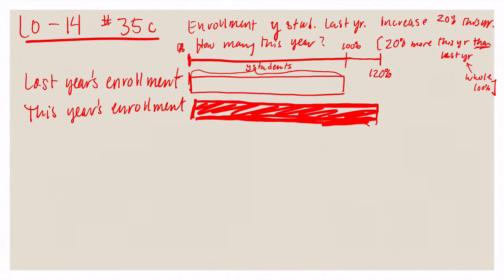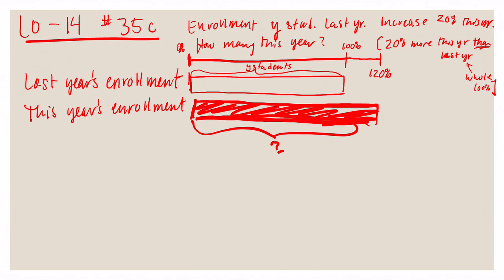Okay, so this year's enrollment is 20% more than last year's enrollment, right? And we know that last year's enrollment is related to Y students. So we want to know how many students are for this year, so we're going to put our question mark here. And we're going to make a relation for arithmetic.